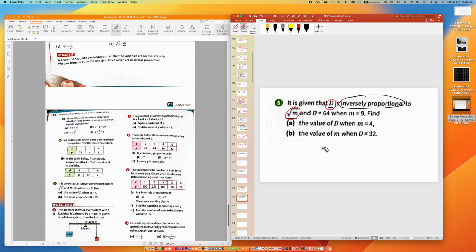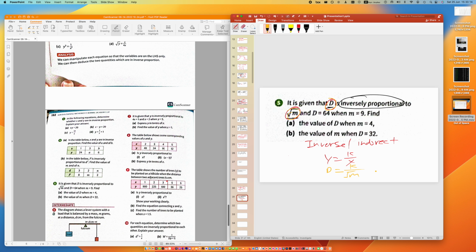So it's indirect. So for inverse or indirect it is y equals k over x. In this case, it's not y and x. It's d and square root of m. So it's d equals k square root m. So step 2 is find k given d and m. Okay, good. So what's your k?